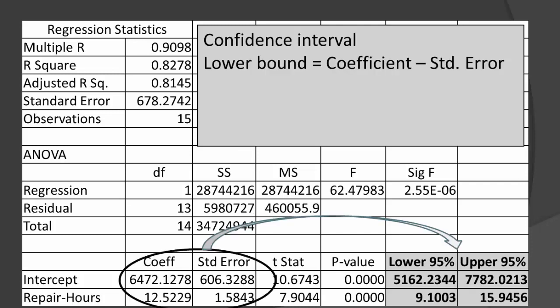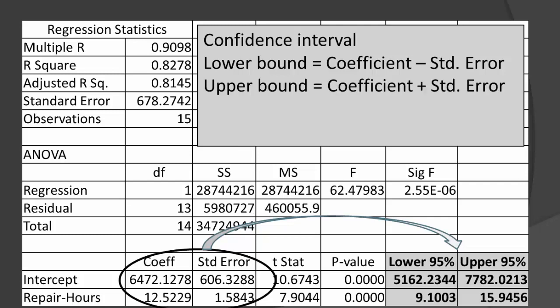We compute the interval by comparing the coefficient to the standard error. The lower bound is computed as the coefficient minus the standard error. That's the lowest expected value. And the upper bound is the coefficient plus the standard error.